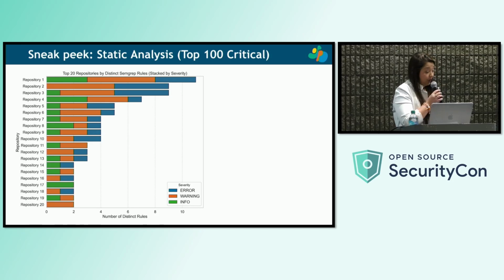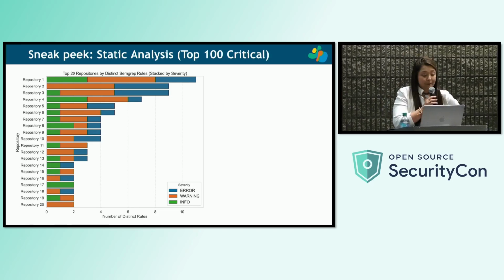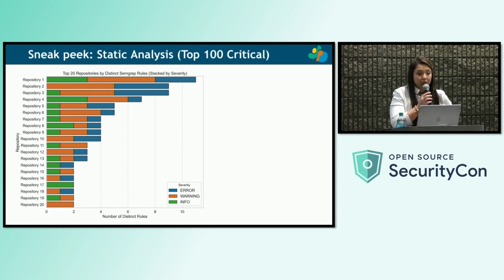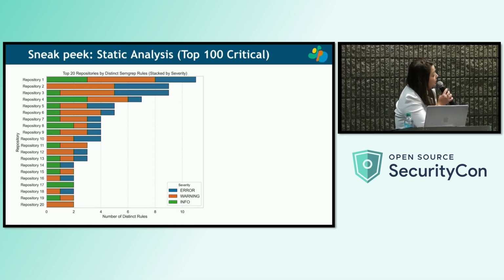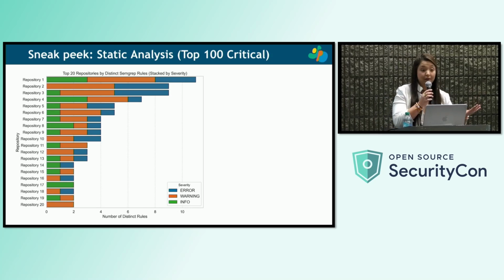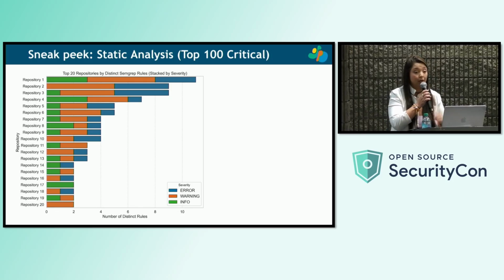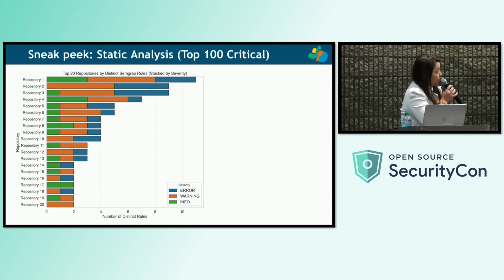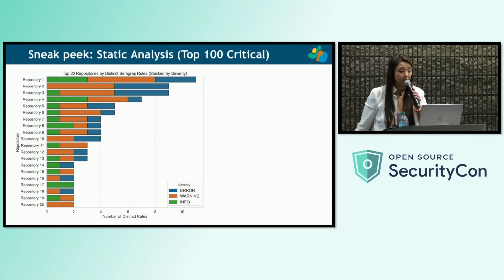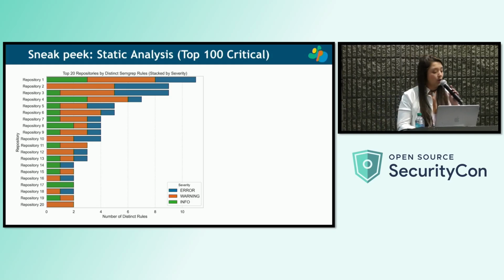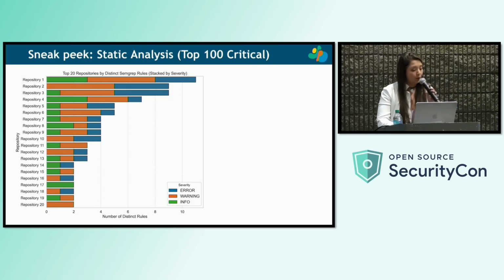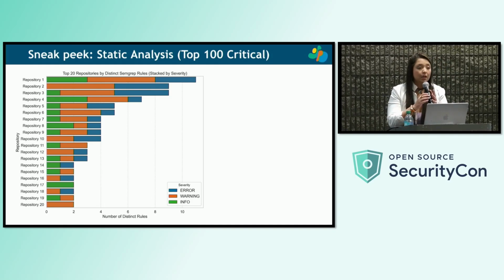Some of these projects actually have a lot of these rules triggered. Of course, one of the things they should be doing is using static analysis so they could find some of these results and make some improvement. But this shows me that this is probably a matter of education.